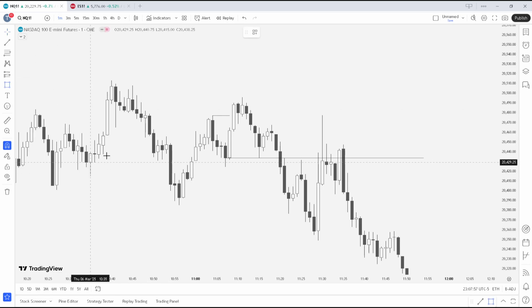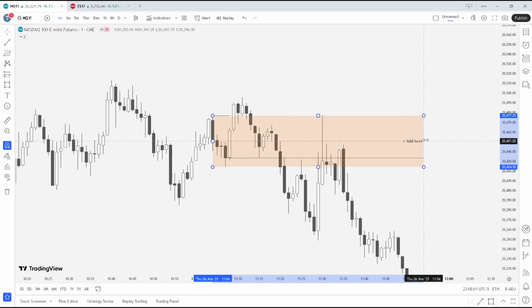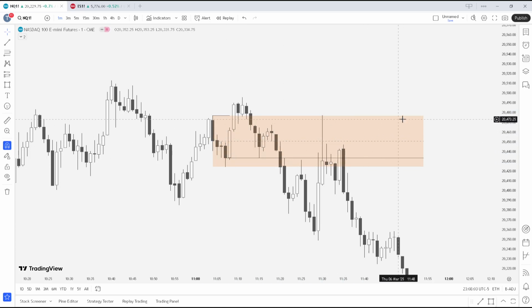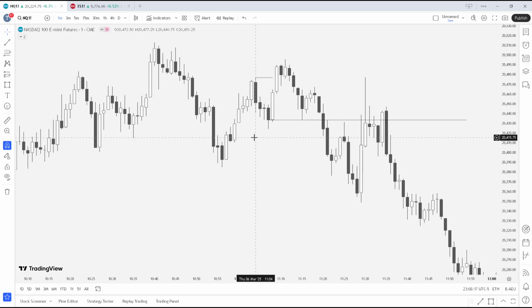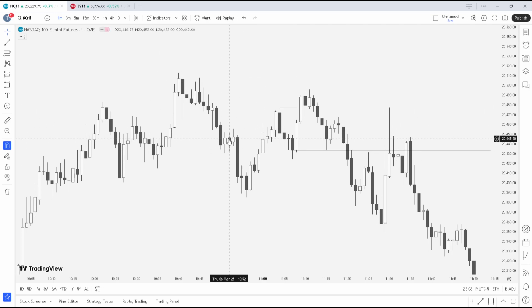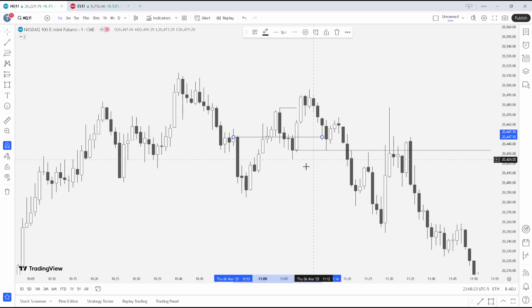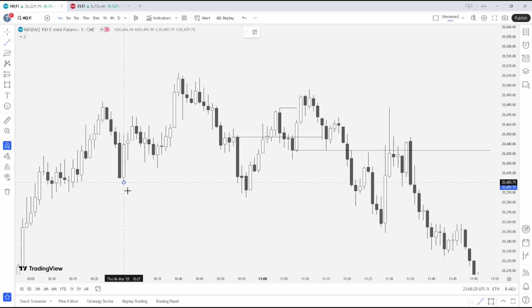Your breaker block technically would be just this entire range, but I like to just look at this last down close candle's close, right? And I want to see a reaction off of that level. So if you had a bullish breaker, technically this one would be your bullish breaker, since we have a liquidity sweep down here, and this is the last up close candle before it.